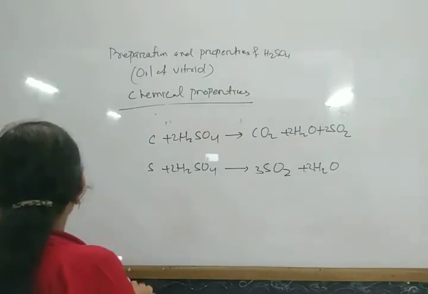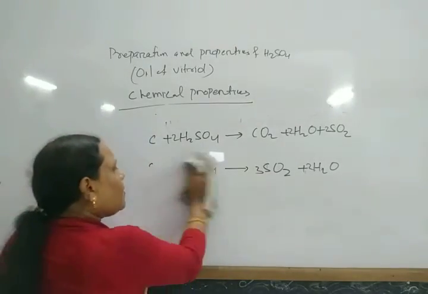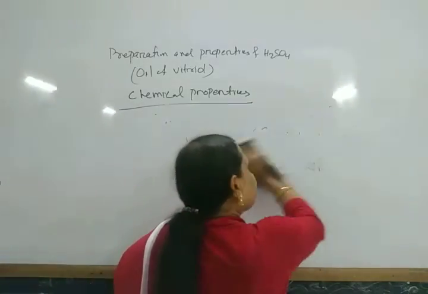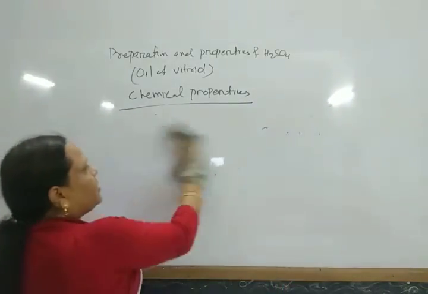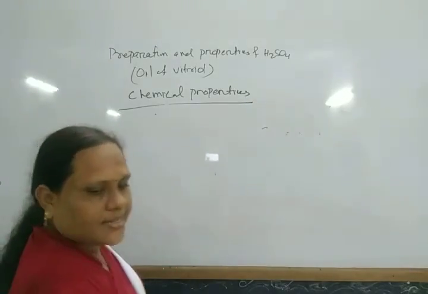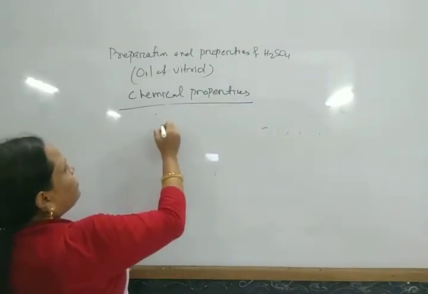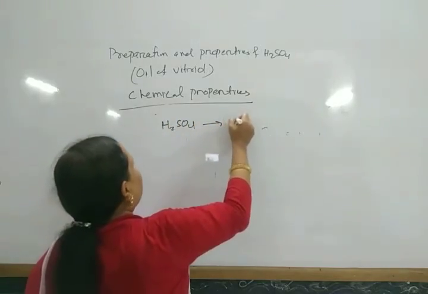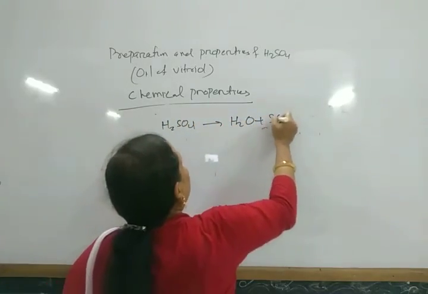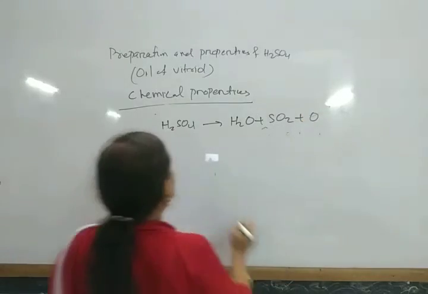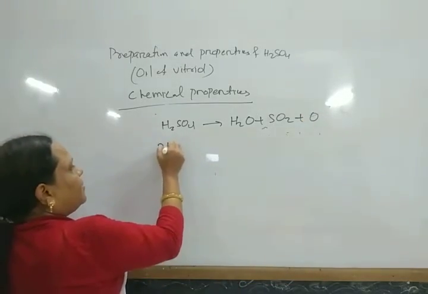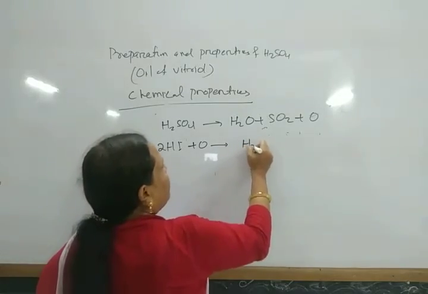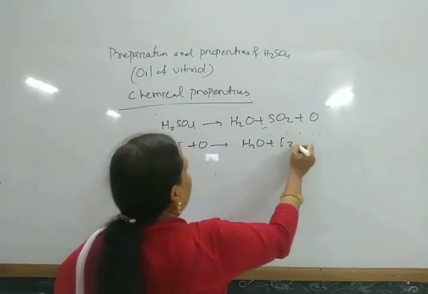Similarly, when it is treated with different halogen acids like HBr, HI, etc., it forms the corresponding halogens. Look here, H2SO4 gives rise to H2O, SO2 plus O, and when treated with HI, O gives rise to H2O plus I2.